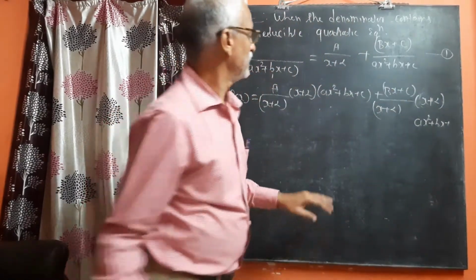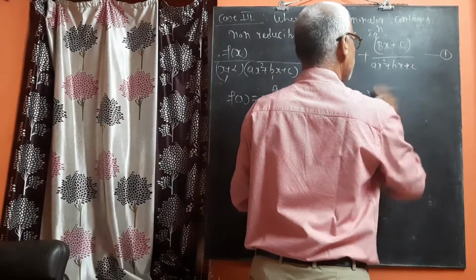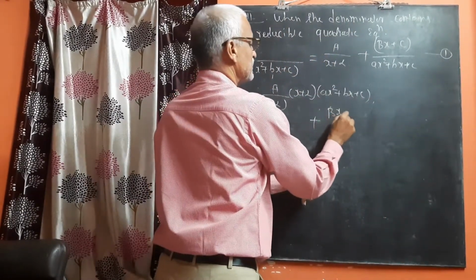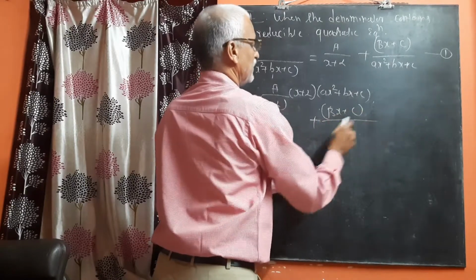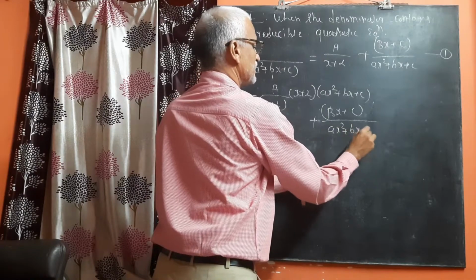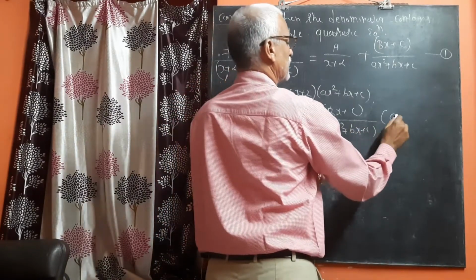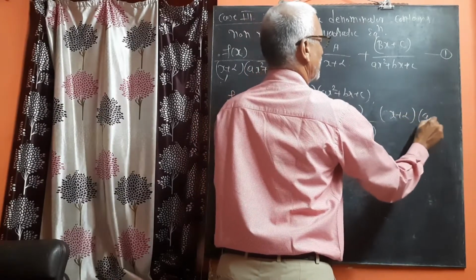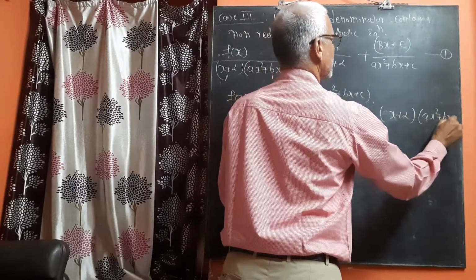Rather than write this term in the next line, plus the second term, that is Bx plus C divided by ax square plus bx plus c into x plus alpha into ax square plus bx plus c.